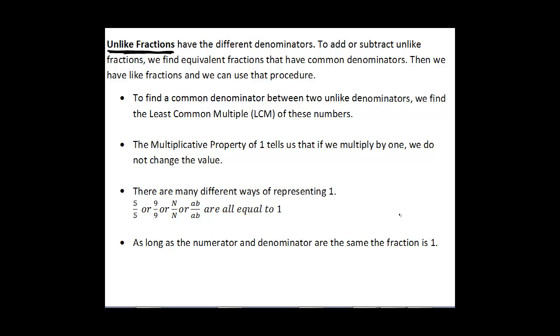All of those are equal to 1. And in general, as long as the numerator and the denominator are the same, the fraction is 1. So we can use those concepts to find equivalent fractions, to find common denominators, and to add fractions that start out having different denominators.